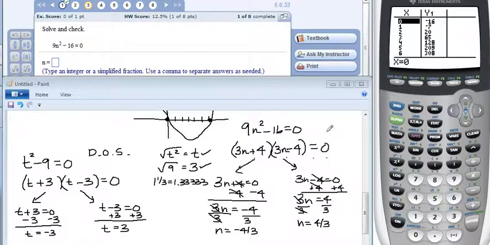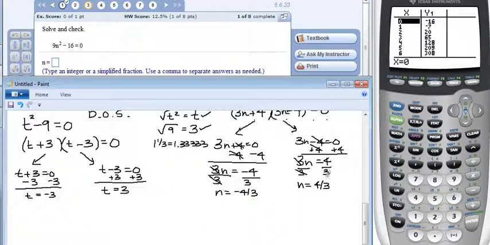All right, should we do that? Yeah, maybe we should just do one. I'll just do one. I'll do the positive. So I have 9n squared minus 16 is equal to 0. So I have 9 times 4/3 squared minus 16 equals 0. Now don't make this hard on yourself.